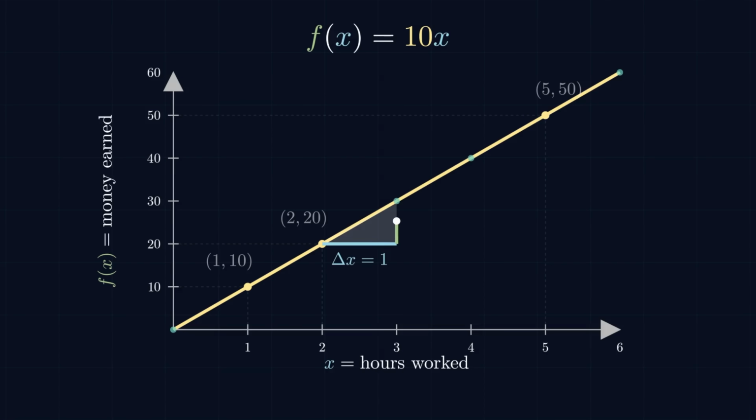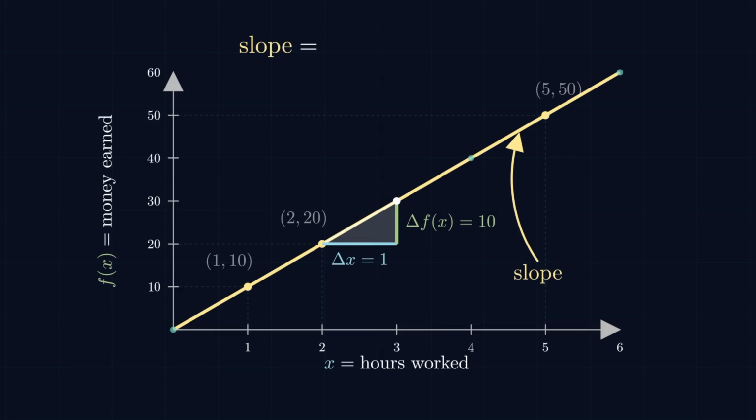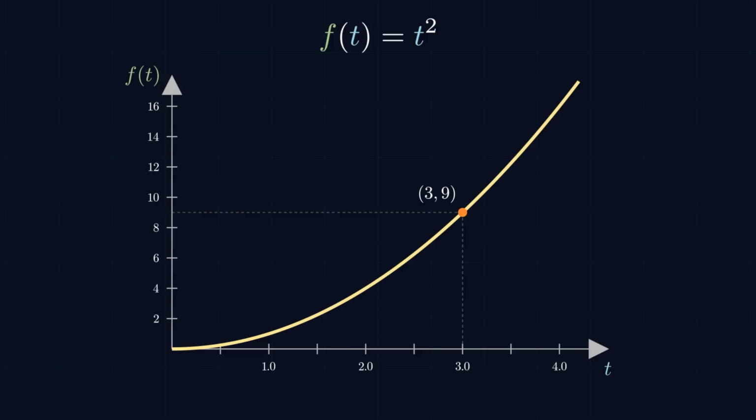For a straight line, we'd pick 2 points and ask how much did the output change, how much did the input change? Then we'd simply divide. So the slope would be the vertical change divided by the horizontal change. This is often denoted as dy/dx, or in our case, this would be df(t)/dt. But if we want the slope at one single point, we have a problem. One point by itself does not give us a change in the vertical or horizontal axis, so we need 2 points to calculate that slope.